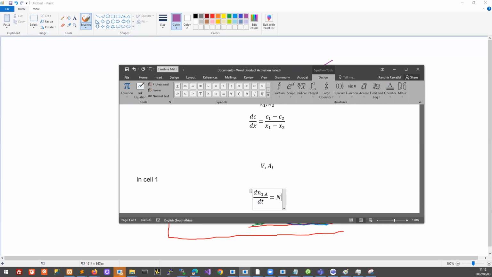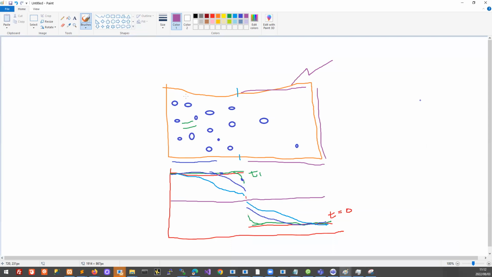So we can say N sub A at the interface. So here again, to be quite precise, we have to realize that there are many, many fluxes going on here. You can define a flux in here, for instance, and we said at t0 that flux would be 0, but it still exists, even if it's 0.